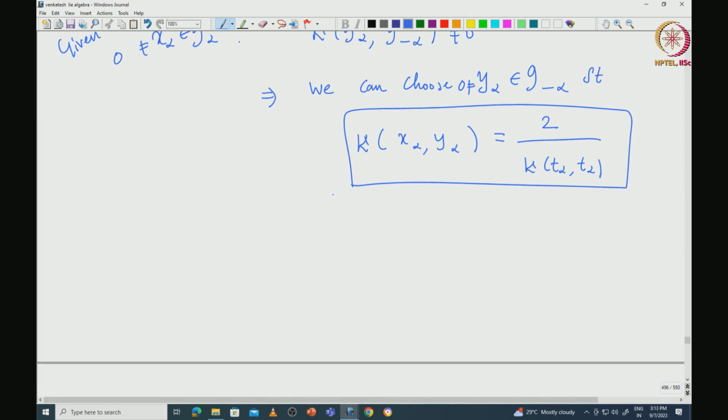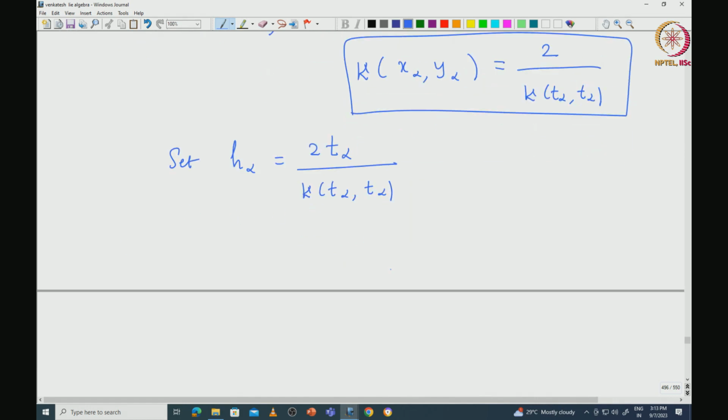Now, we set this H alpha to be a scalar multiple of T alpha, the scalar being 2 divided by kappa of T alpha comma T alpha. So, take H alpha to be twice T alpha divided by kappa of T alpha comma T alpha. Then if we do the computation, the bracket [x alpha, y alpha], which we already computed, is exactly kappa of x alpha comma y alpha times T alpha.